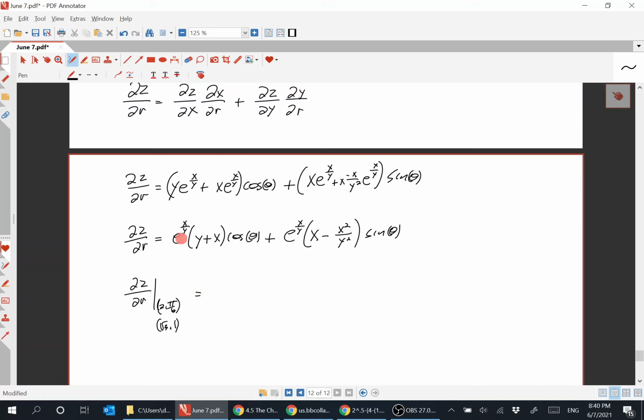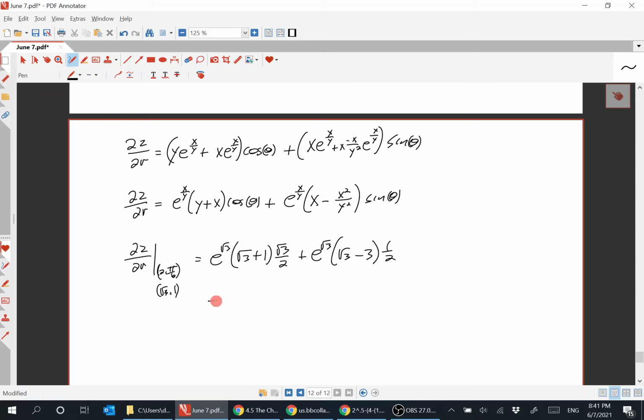So e to the x over y, that's e to the root 3. x plus y is root 3 plus 1. Cosine theta is root 3 over 2. Plus e to the root 3 times (x minus x squared over y squared), so 3 root 3 minus 3, and then sine theta is half.